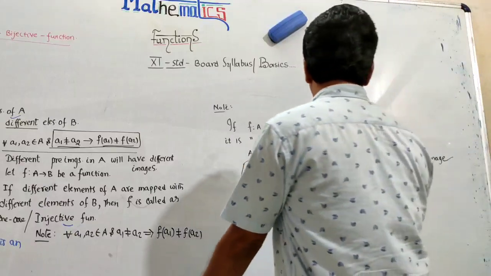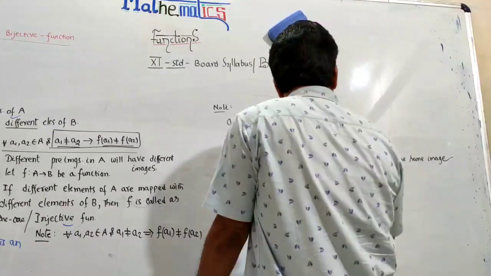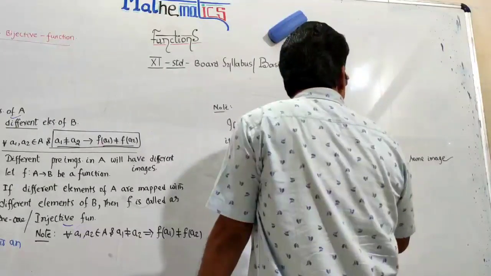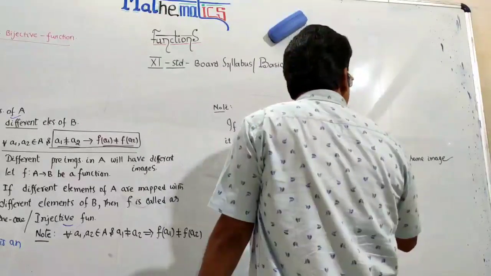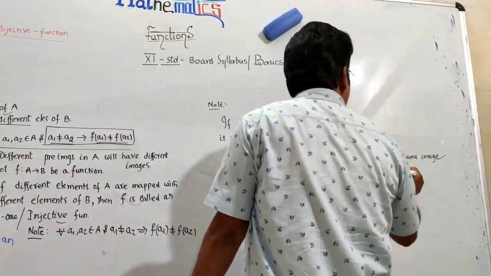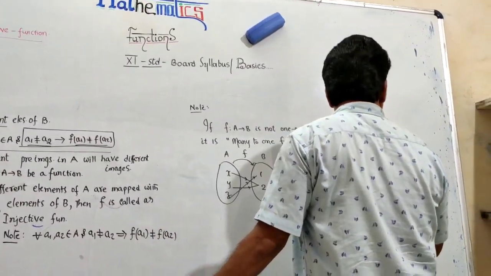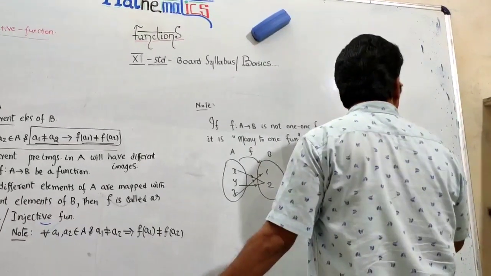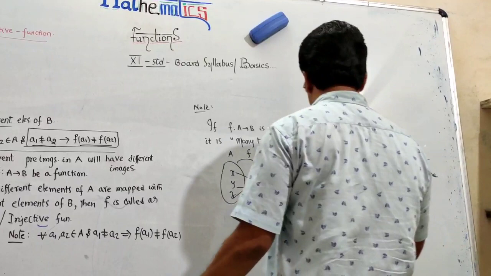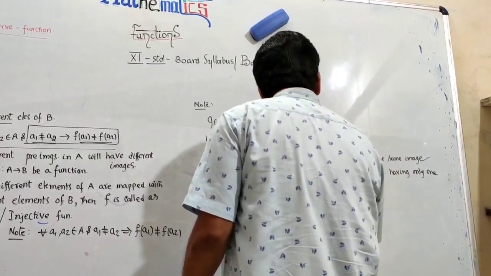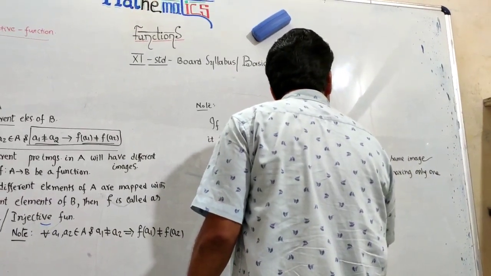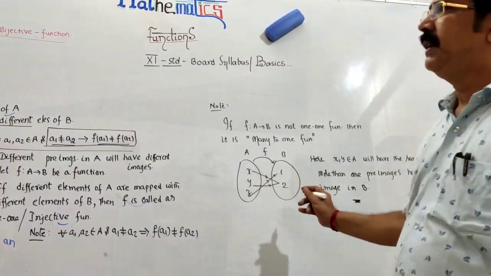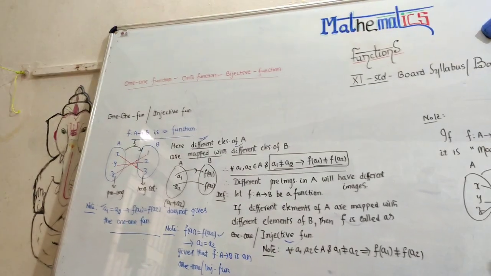Means what? More than one pre-image, more than one pre-images having only one image in capital B. This is the simple definition of one-one function or injective function.